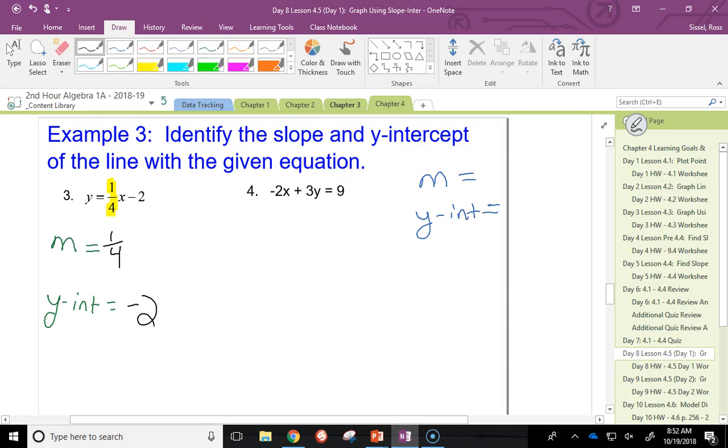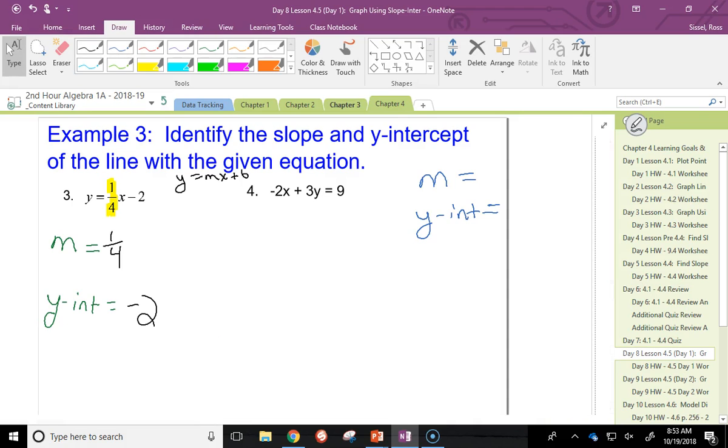Okay. That's actually one of the biggest mistakes I think we're going to make, where we see the 2, so we just say it. But remember, in our slope-intercept form, it is plus b. So if it's plus a number, that is a positive. But if it says negative, that negative sign or subtraction sign goes with it.